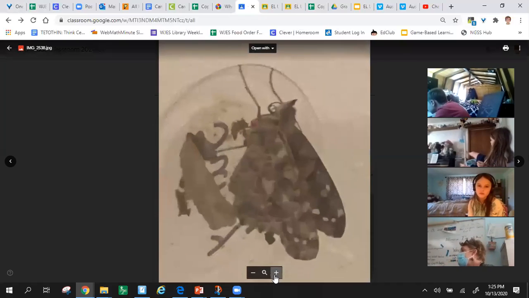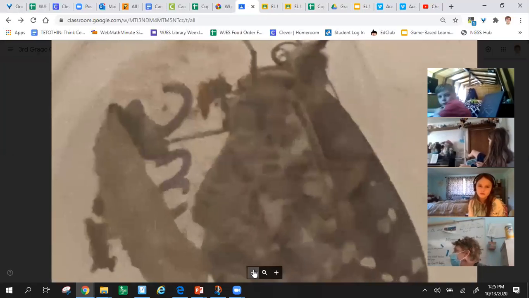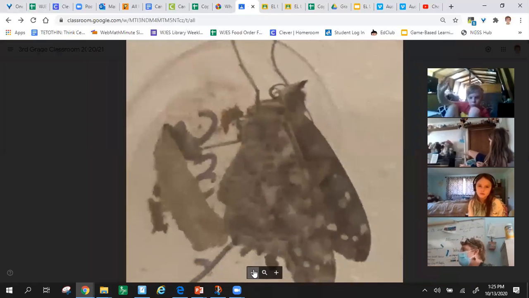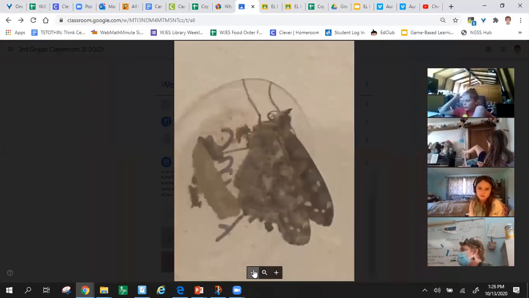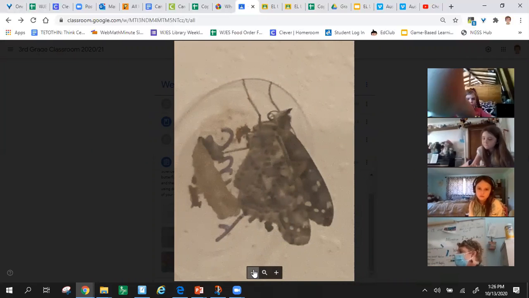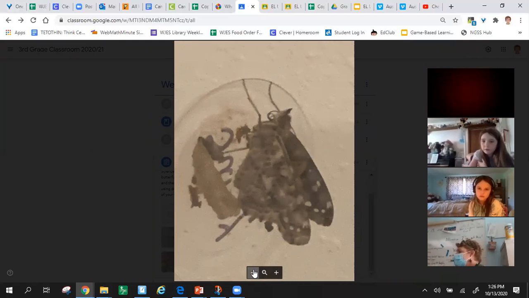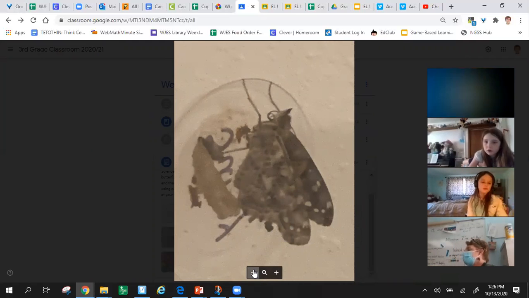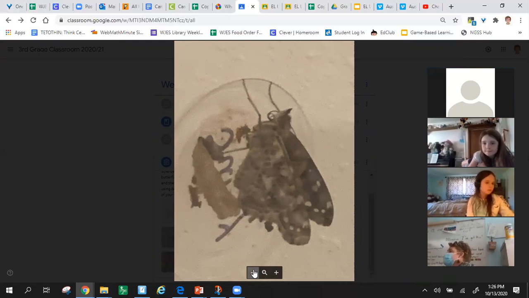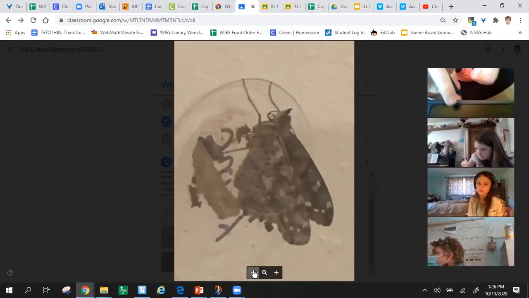So I have a question. Why would a butterfly have different colors on the outside than it has when it's open? Why do you think that? Haley, what do you think? Because if it's flying, then you'll see it, but sometimes butterflies just want to rest and they want to be camouflaged. Very good.